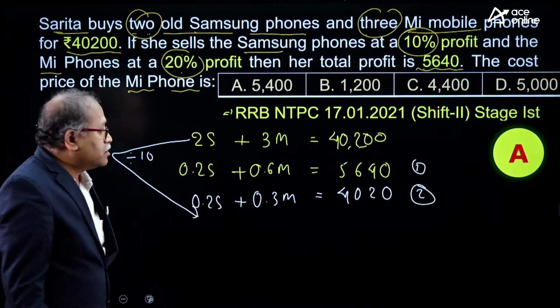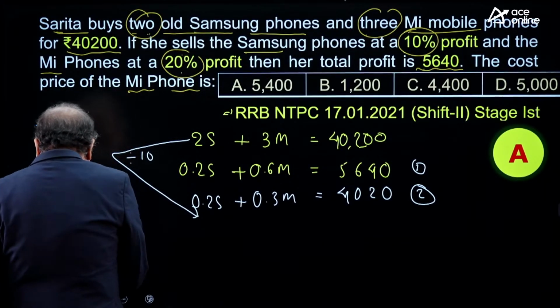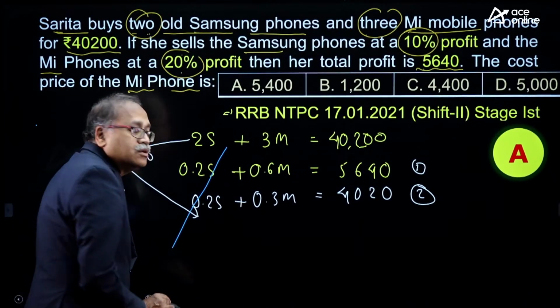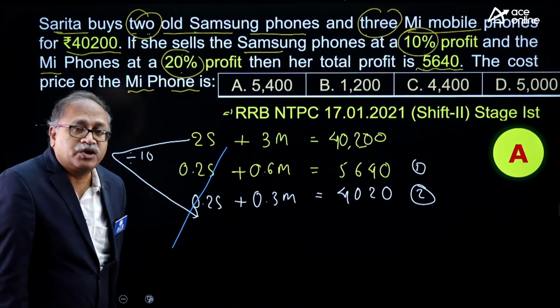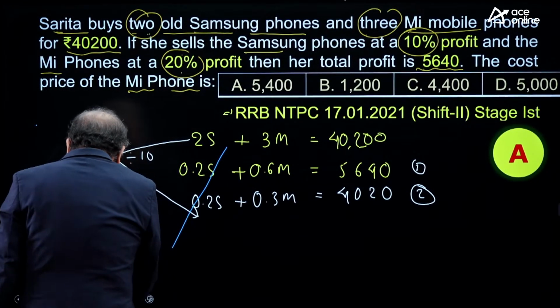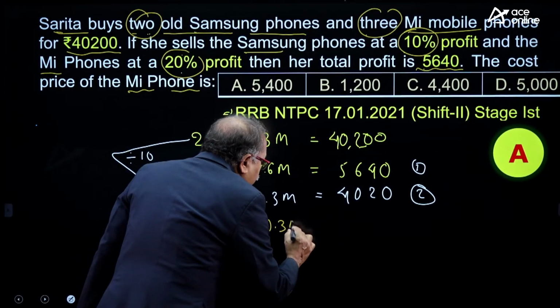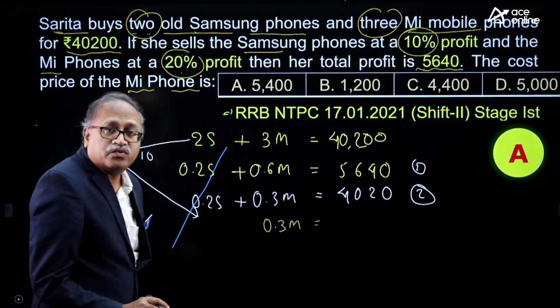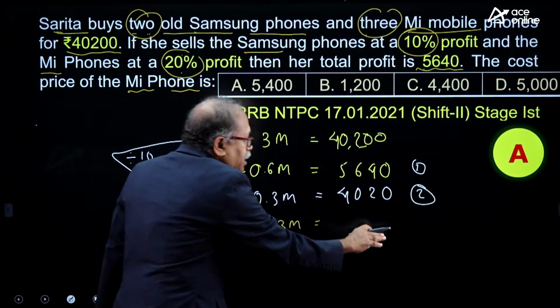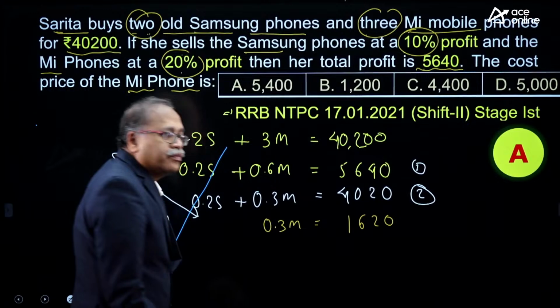This is equation 1, this is equation 2. Now subtract, from 1 subtract 2. You find that 0.2S and 0.2S get cancelled, and here 0.6 and 0.3. That means my result will be 0.3M, which is equal to, now subtract this one, 1620.